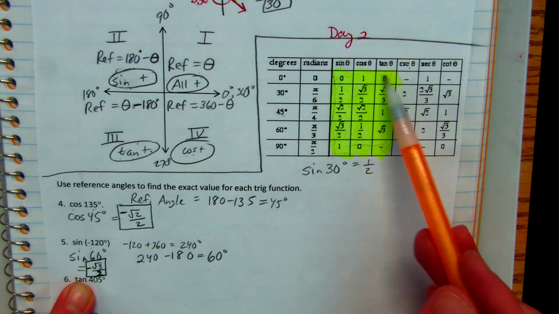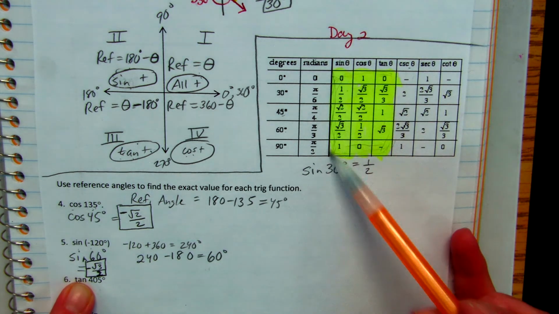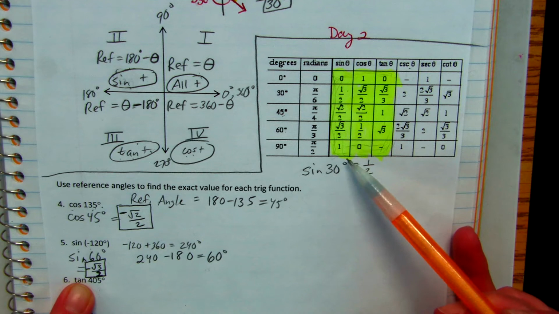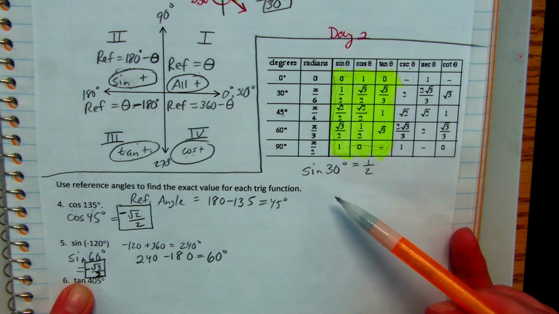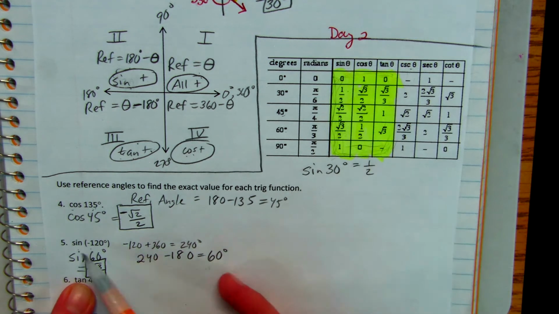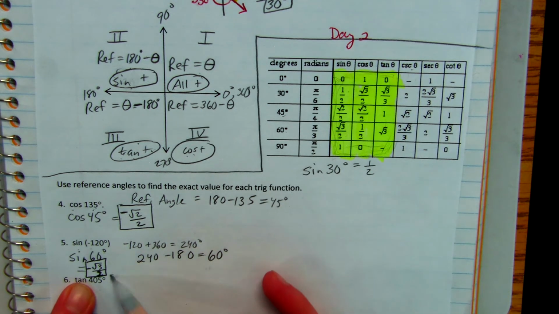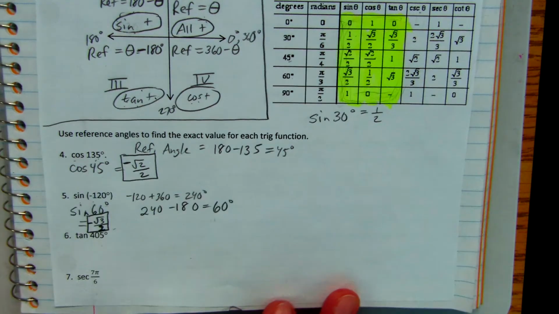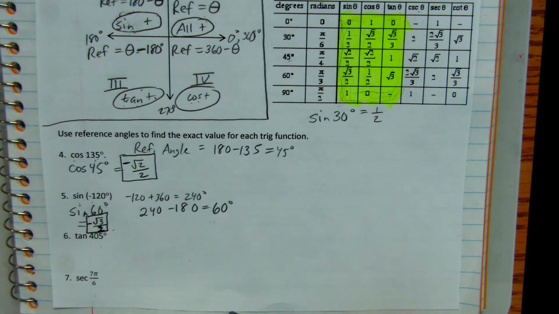And if you were memorizing, you'd only have to memorize this, which is 15 facts instead of 60 or 120 facts. If you start getting negatives and stuff in there, that'd be a lot to memorize. You could, in theory, memorize this and change this to the reference angle and very quickly do these. It's still a lot of memorizing, but not so much as memorizing everything that was on your unit circle.